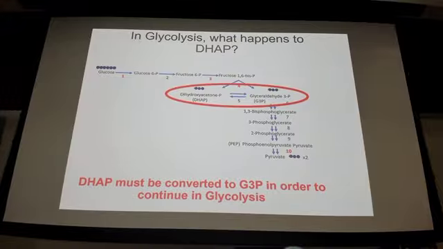That was a very good question because I forgot to mention it yesterday. DHAP cannot be further oxidized, so it must be isomerized to glyceraldehyde 3-phosphate in order to continue on in the glycolytic pathway.